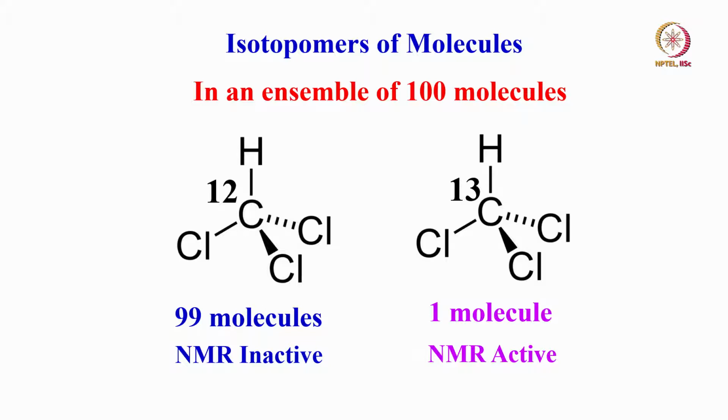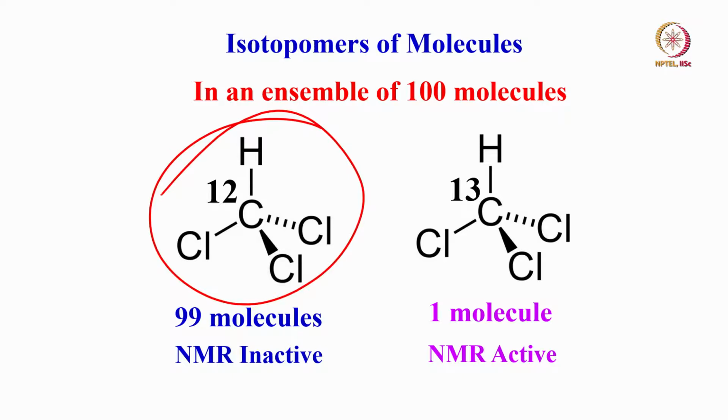Now I'll give you some very salient points and interesting features about carbon 13 NMR. Let us consider an example of a molecule like CHCl3. We'll talk about isotopomers of the molecule. I consider 100 molecules in my sample tube, an ensemble of 100 molecules.